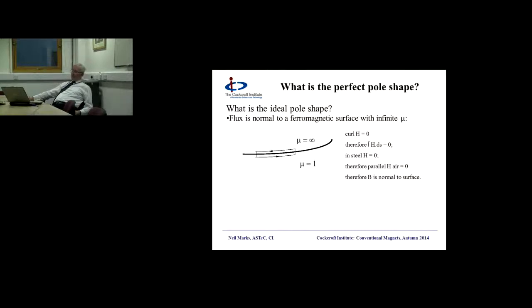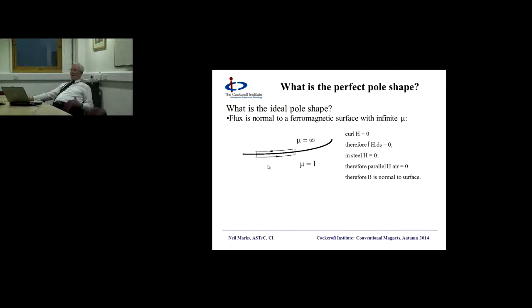Whatever the flux density B is, with mu equals infinity, H must be equal to 0. And so the line integral on this side of the path will always be 0. So as this path is completely arbitrary, the line integral there must also be 0. So the line integral parallel to the surface is going to be 0. So H parallel to the surface must be 0.